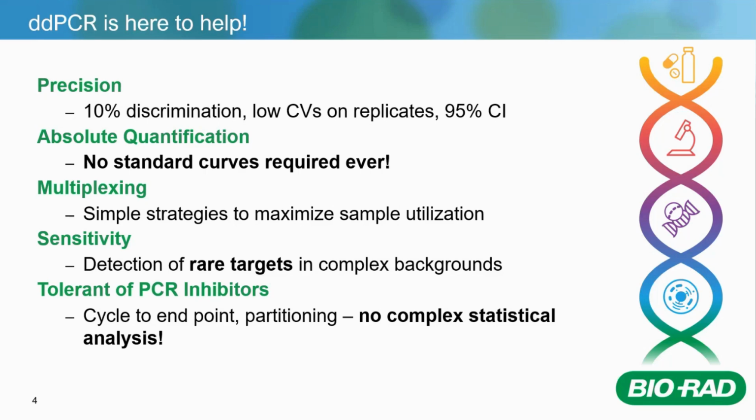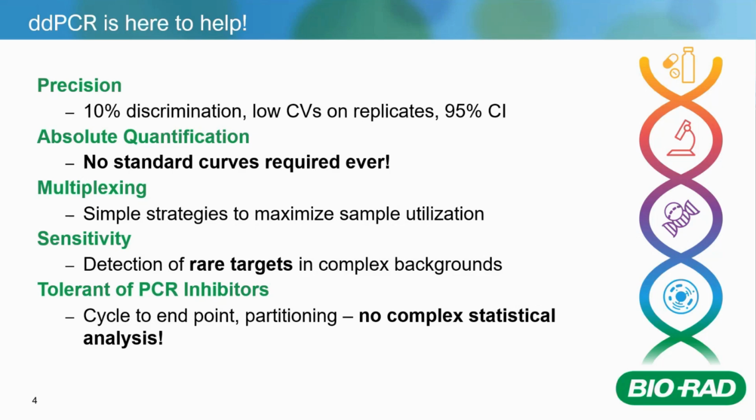But most importantly with ddPCR, especially in today's discussion, is the fact that it's an absolute quantification method. So what do we mean when we say it's an absolute quantification method? We mean that it gives you a quantity of your unknown sample or your gene of interest, and that's given in copies per microliter.